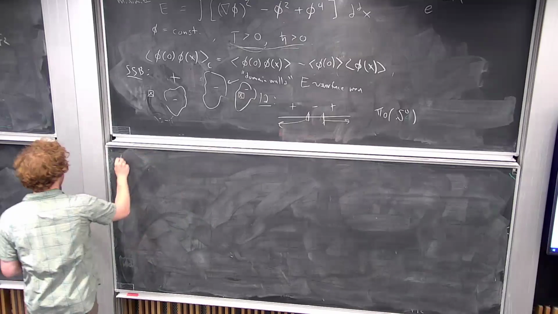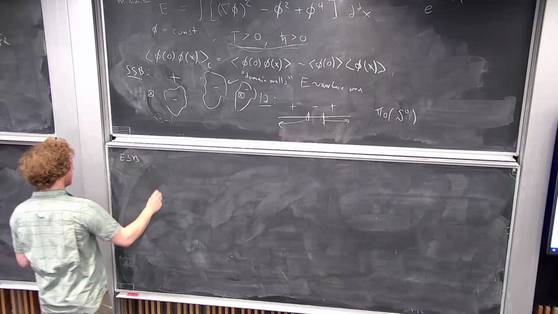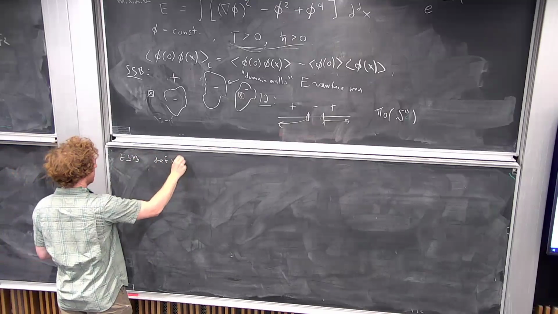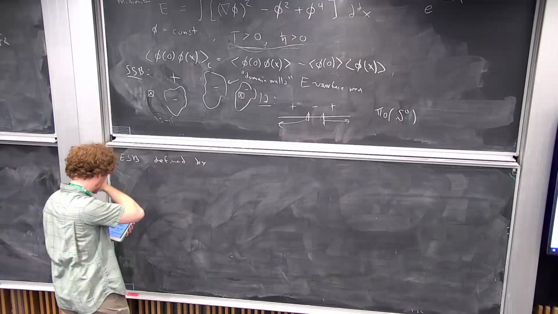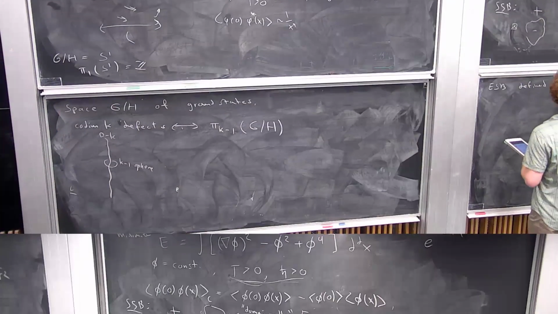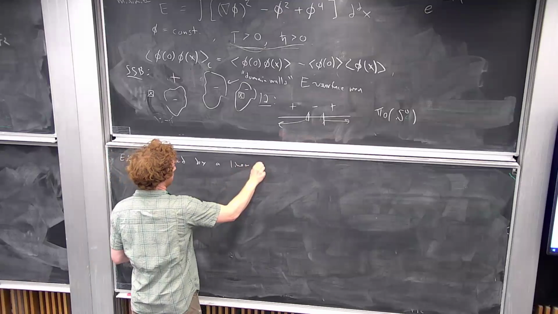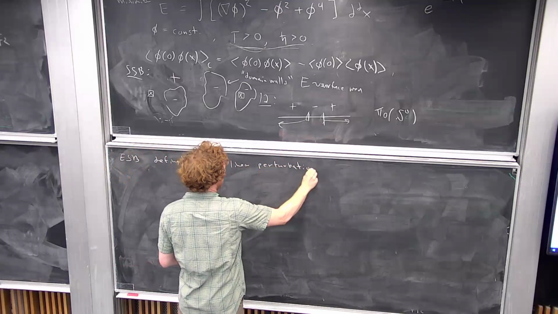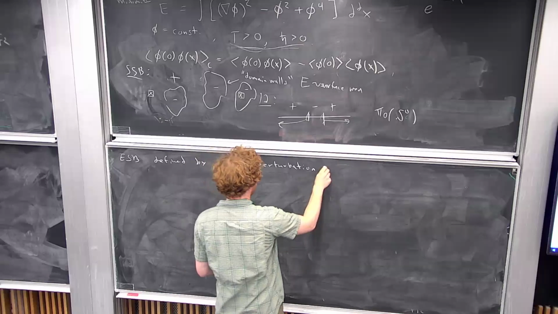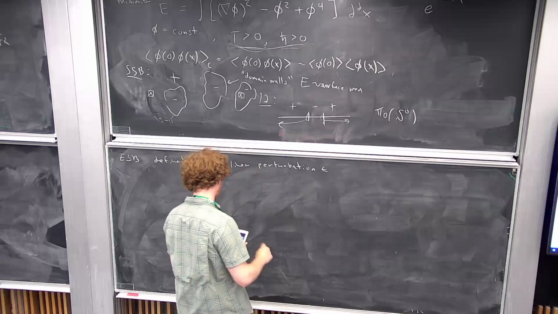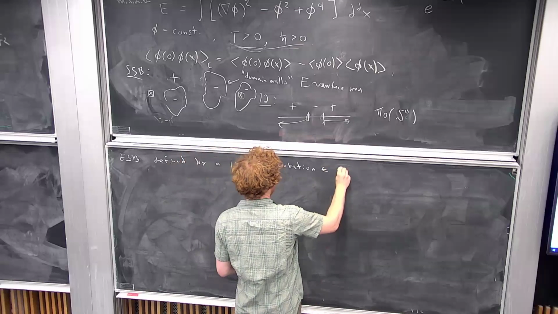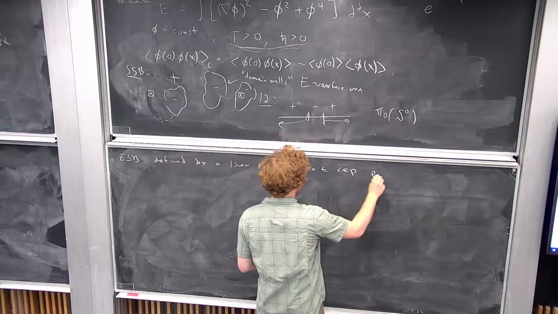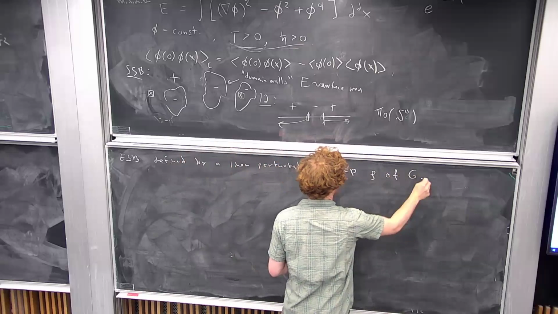But explicit symmetry breaking is defined by a linear perturbation, which by virtue of being linear, naturally lives in a representation rho of G.